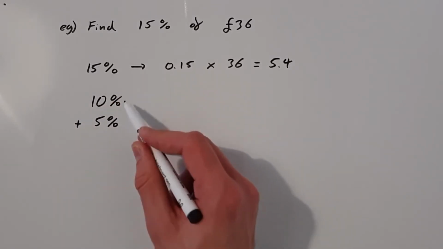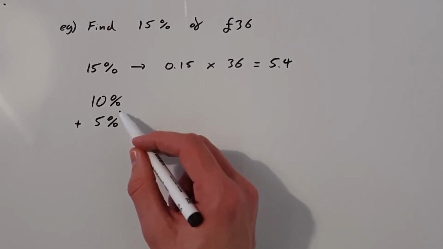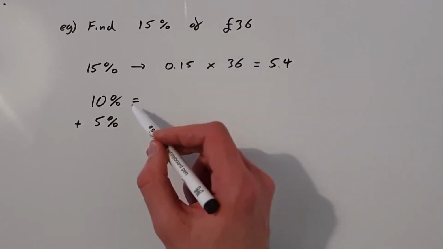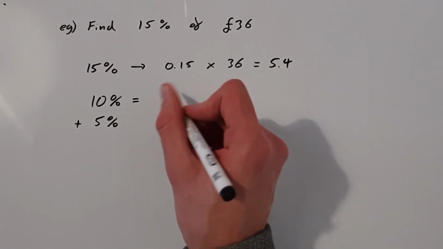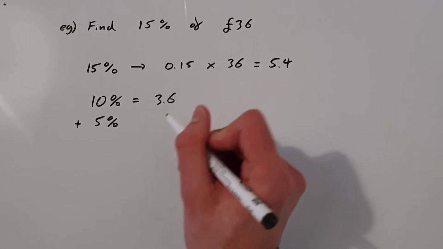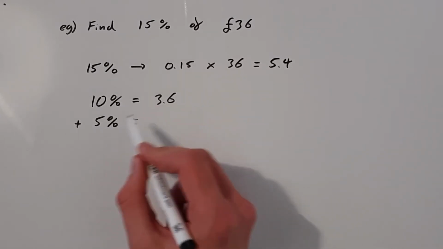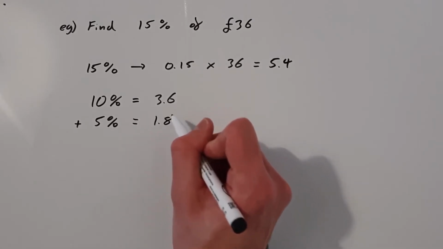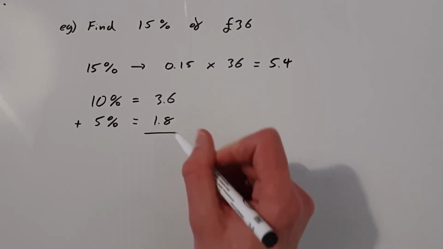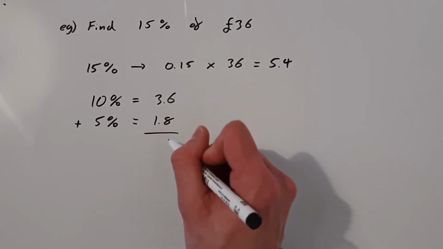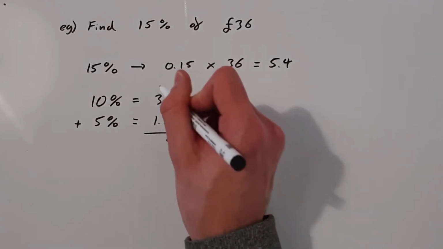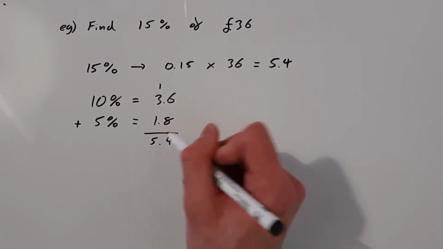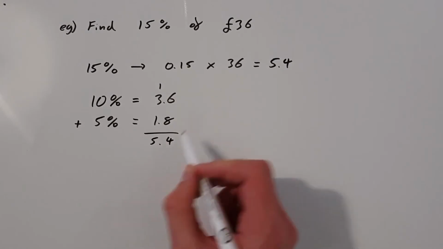If you can work these out, then you can add them up and come to 15% of 36. 10% of 36 is quite easy because you just divide it by 10, so that will become 3.6. And then 5% is just half of this, so half of 3.6 would be 1.8. Then you add these together: 6 plus 8 is 14, so you carry the 1, 3, 4, 5, like this. And you get your answer 5.4, just like we did here.